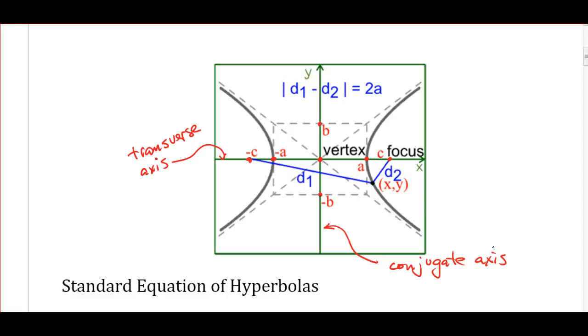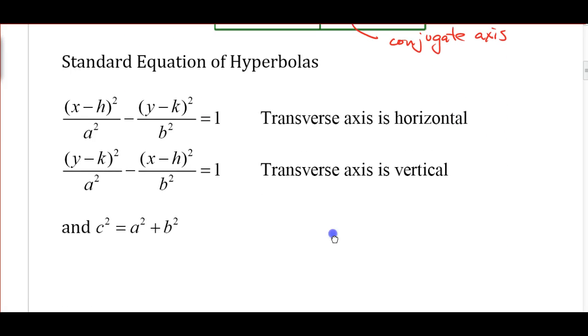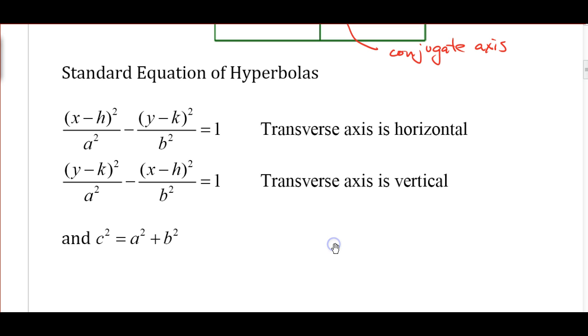Again, we could turn it horizontally like this, or we can turn it up and down and make it vertical. So our standard equations of the hyperbola look very much like an ellipse, except that we've got this minus in here because we're talking about the difference of the distances being constant. Okay, and again, if you notice another difference here, a squared and b squared are always in the same order for these.